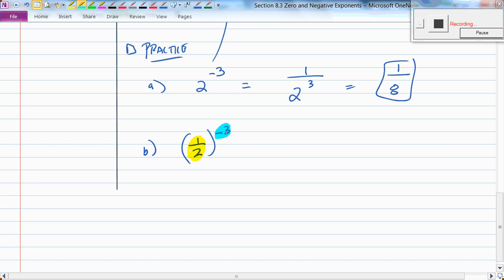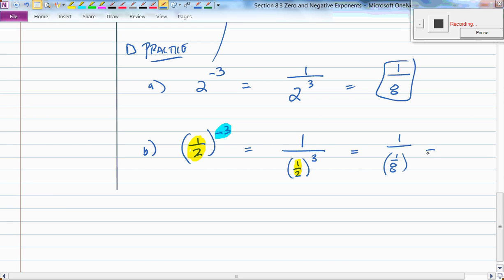This is my exponent. Is my exponent positive or negative? It's negative. So I have to take 1 over, what's the base again? 1/2. So 1 over 1/2 to the positive 3. Notice that my base stayed the same. I didn't flip anything. So that means I have 1 over 1/8. Very good.